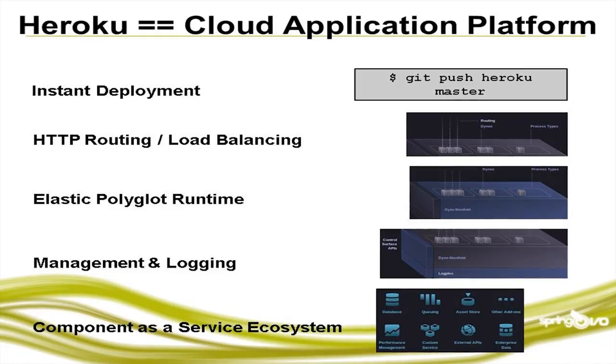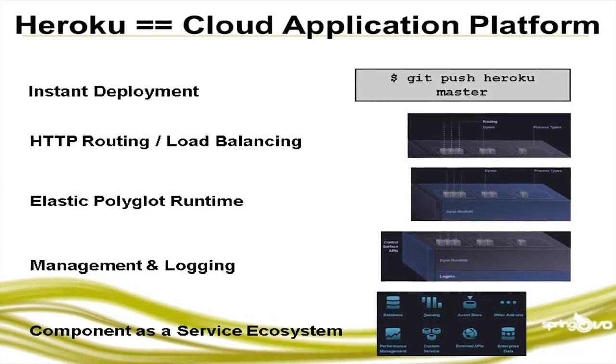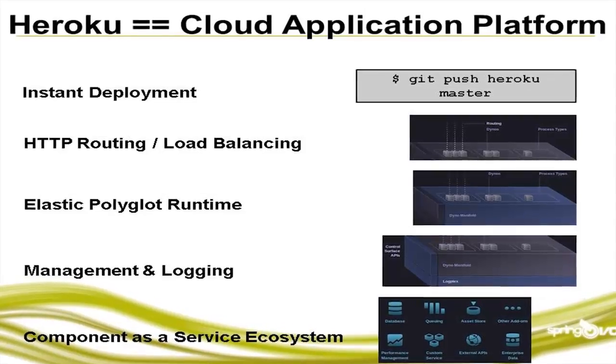So just to recap these five different pieces that I've showed through the demo. There's instant deployment through git push, and there's the load balancing that happens automatically. There's the elastic polyglot runtime, the ability to scale up. One thing I didn't talk about there was you can also do non-web processes.